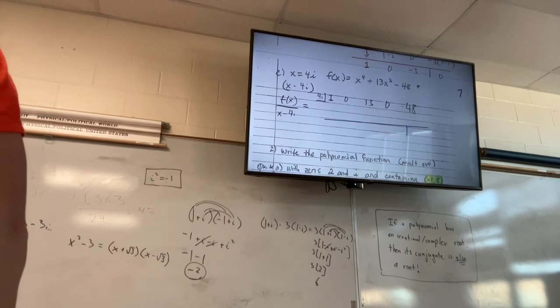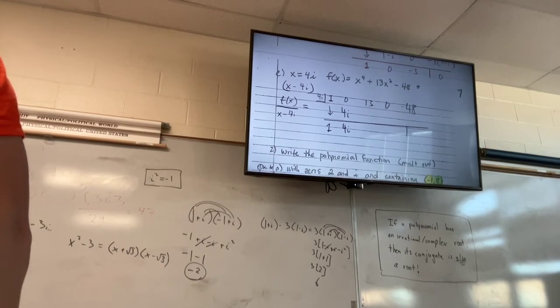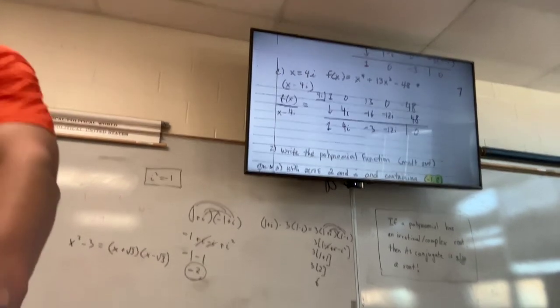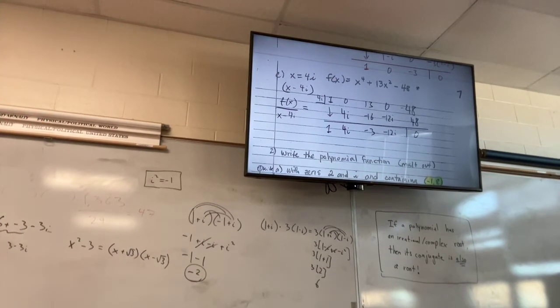So now I can do it. 4i times 1 is 4i. 0 plus 4i is 4i. 4i times 4i is negative 16. 13 plus negative 16 is negative 3. 4i times negative 3 is negative 12i. 0 plus negative 12i is negative 12i. And 4i times negative 12i is positive 48. 0. Okay?